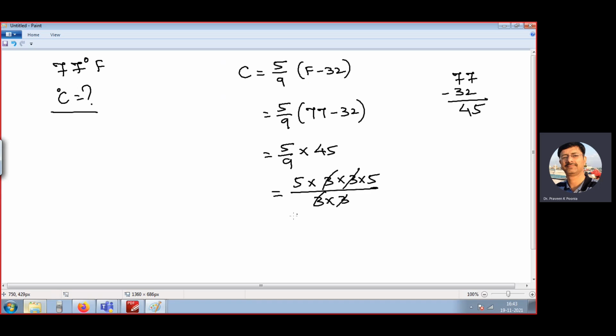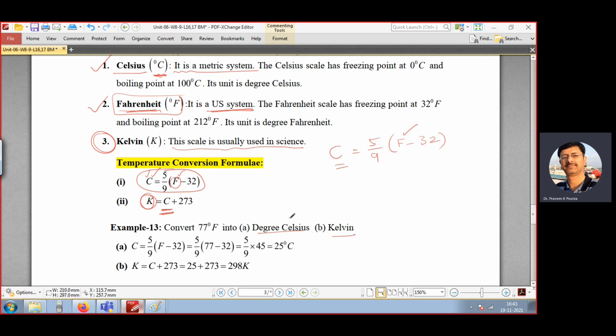This cancels, this cancels. 5 times 5 is 25 degrees centigrade. Degree centigrade, or you can say degree Celsius, generally we call it degree Celsius. So 77 degrees Fahrenheit is equal to 25 degrees Celsius.